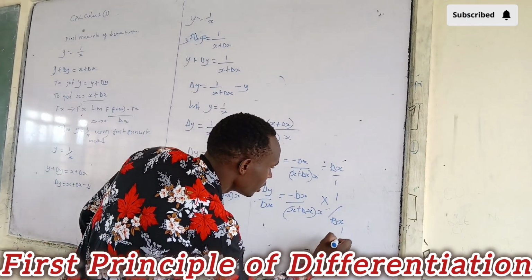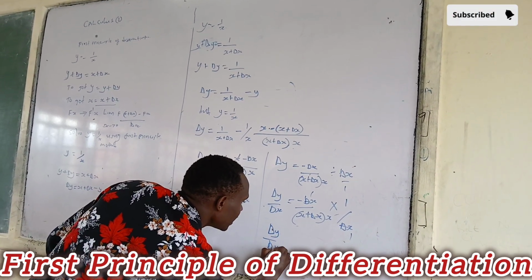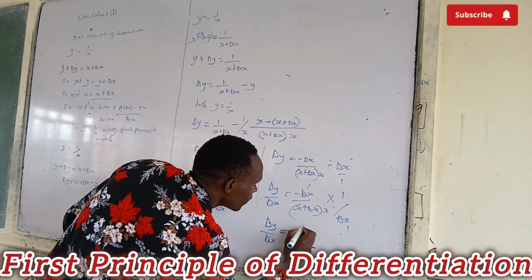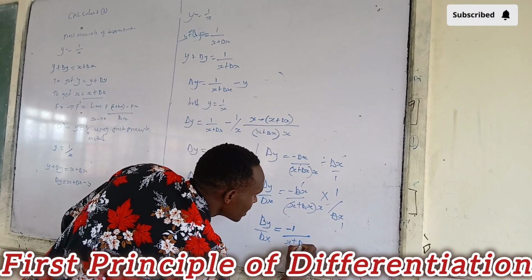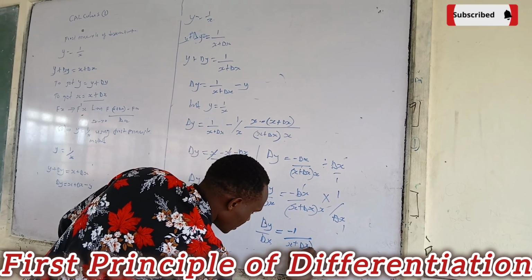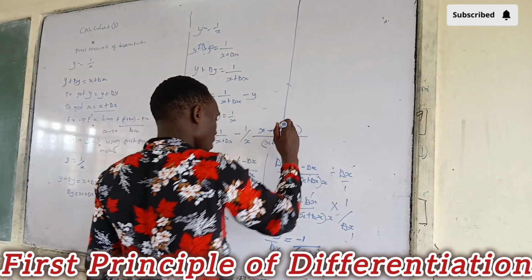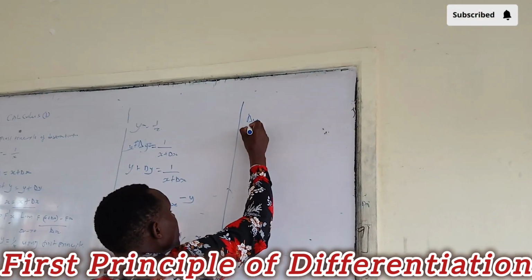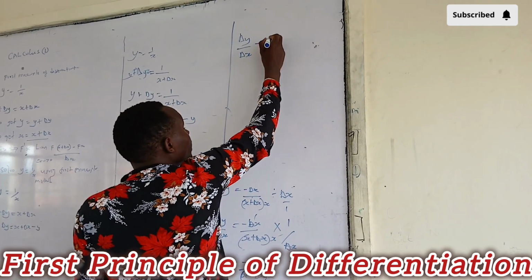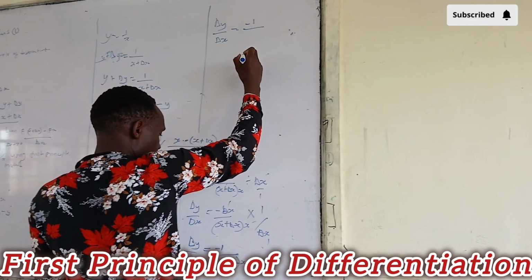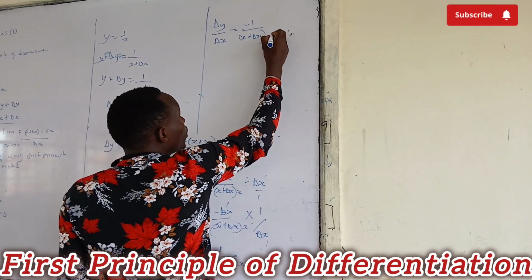And notice this one, 1, here 1. So change in y over change in x is equal to negative 1 over x plus the change in x, then x. So my final answer now, change in y over change in x is equal to negative 1 over x plus change in x multiplied by x.